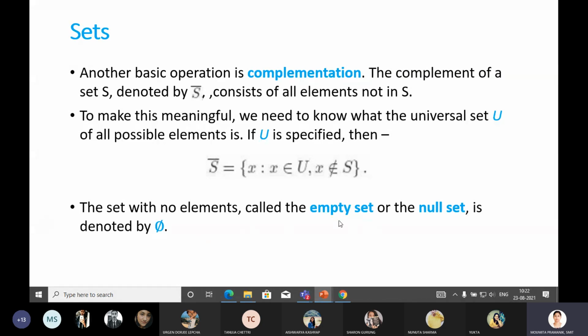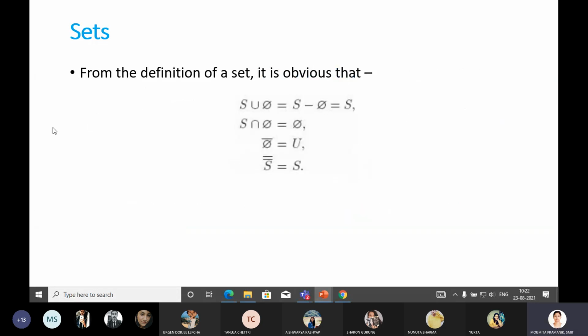And at this point we already discussed that the set with no element we call the empty set or the null set, and it is represented through this. Okay, so from the definitions of all the set operations, we come to know that the union of the set S with the null set gives S, the difference of S and the null set gives S, and the intersection of the set with the null set gives the null set itself.